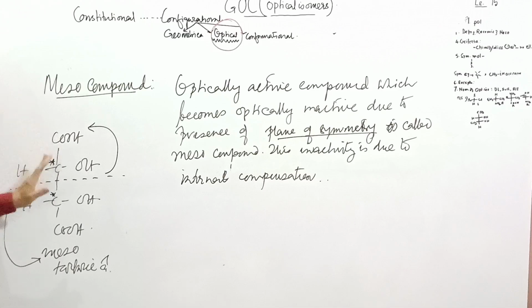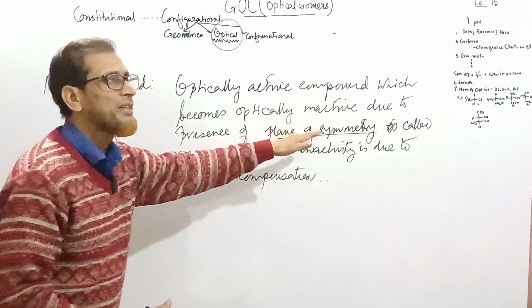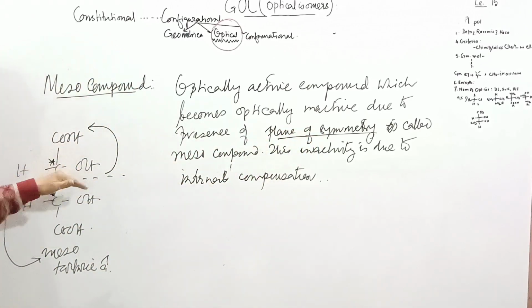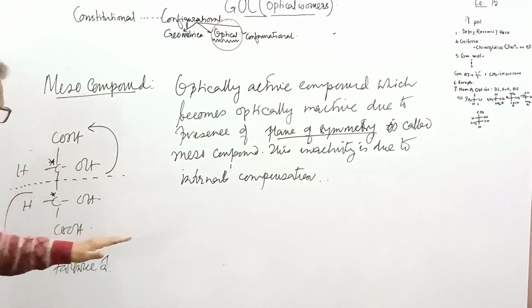Other forms of tartaric acid are optically active, except this form which is optically inactive, and this form is called the meso form only because a line can be drawn that divides it into two equal parts, one part exactly fitting over the other, and that is called a plane of symmetry. So an optically active compound which has a plane of symmetry is optically inactive.